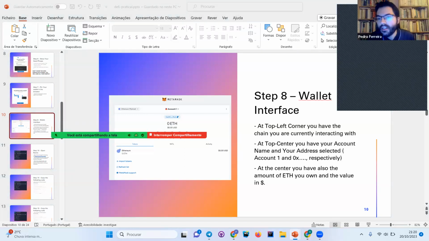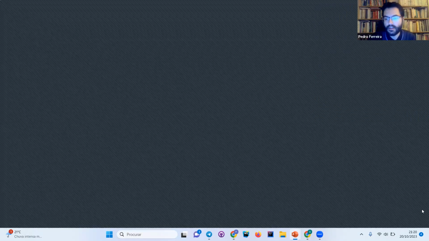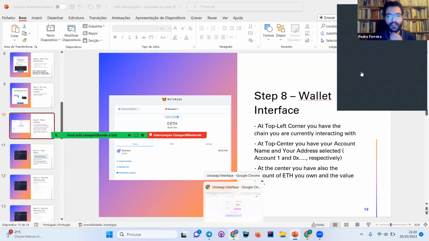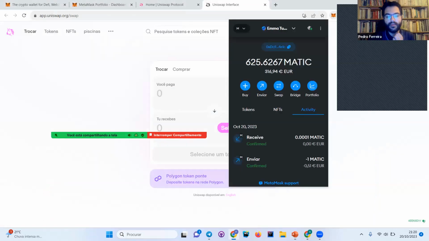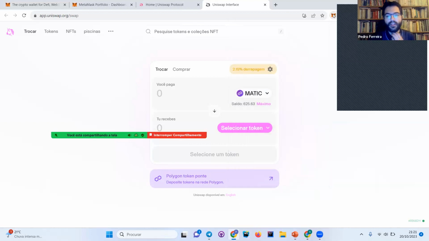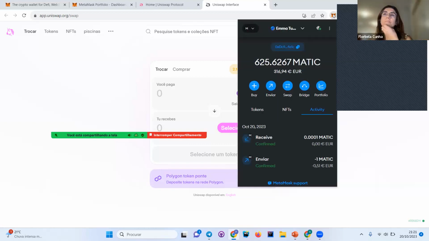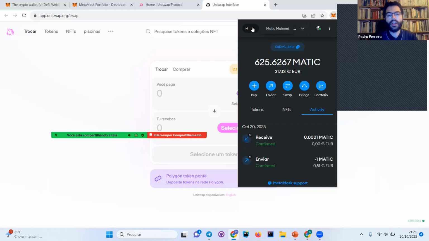Okay, we already have some people here sending the addresses. So basically, I'm going to send you a token, and we are going to add liquidity.